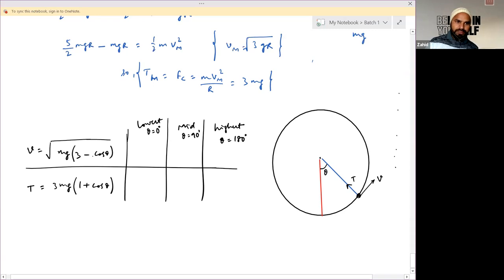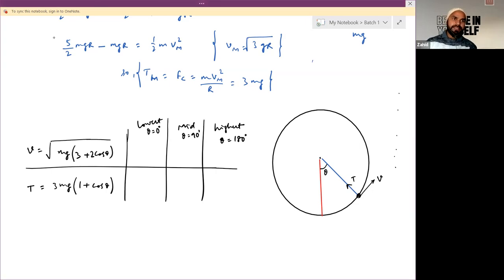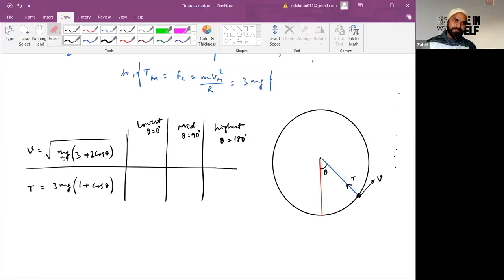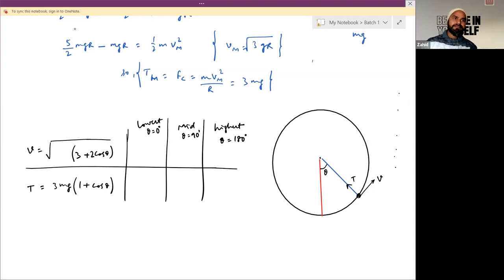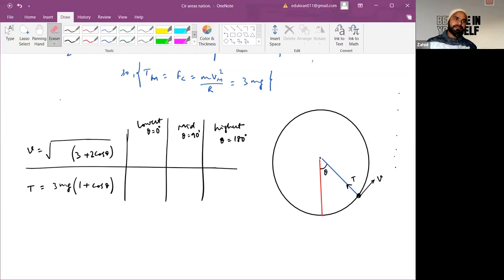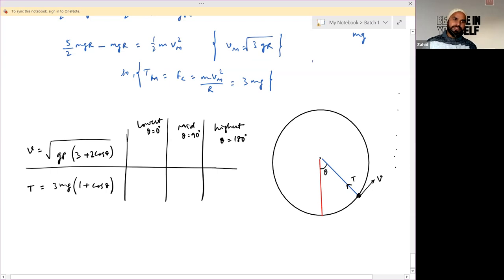It is 3 plus 2 times cos theta. Okay. So if theta is 0, cos 0 is 1. So 3 plus 2, 5. And there will be no mass, just g r times this. So you will get root under 5 g r.